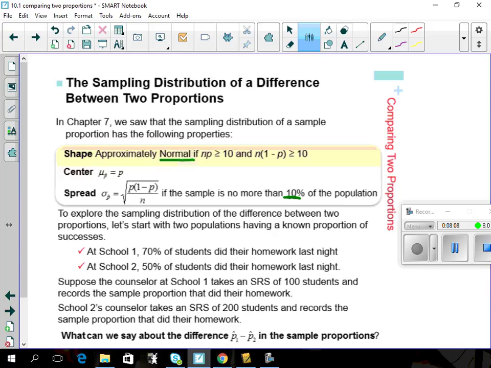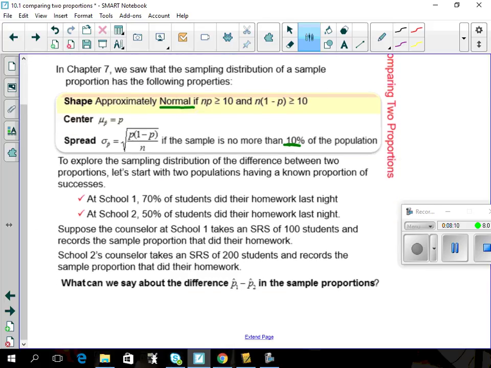So let's look at this scenario, okay? If we're looking at the difference, notice, the difference between two proportions, that's what we're looking at now. Two different independent samples, and we're looking at the difference between them. We'll start with a known success of each, okay?